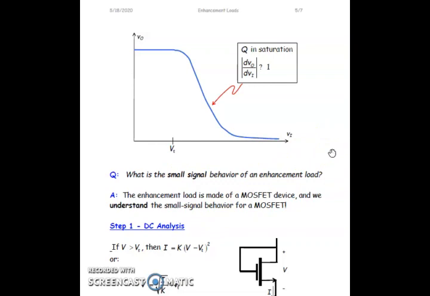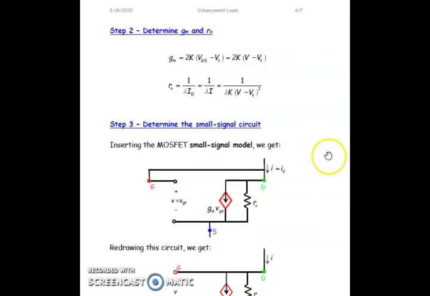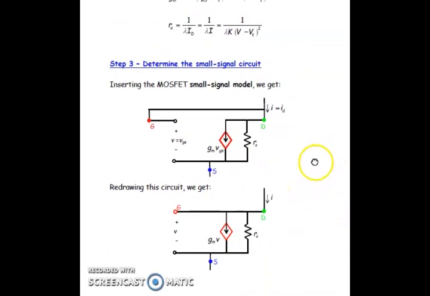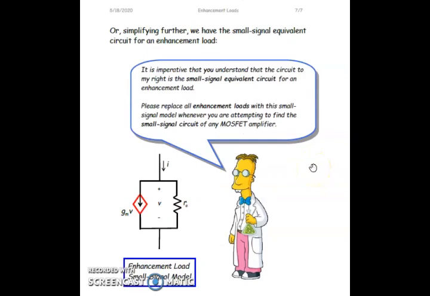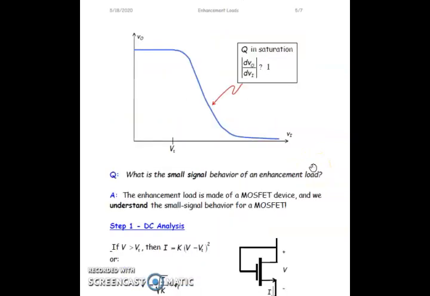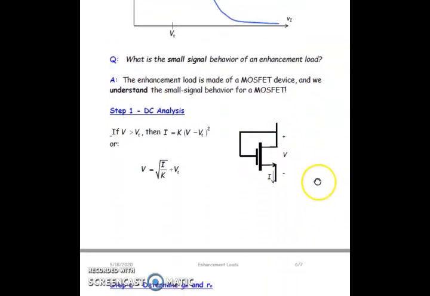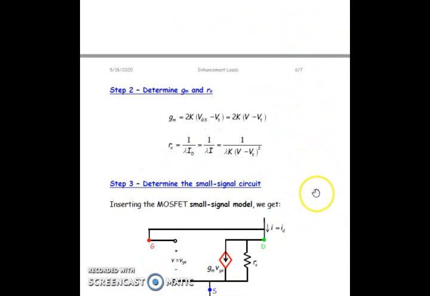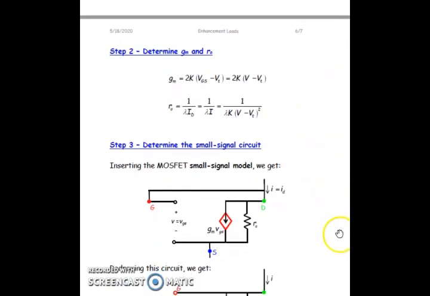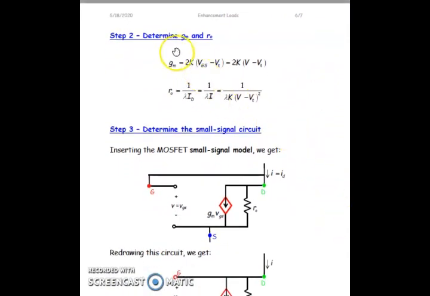To do that, let's get into this structure over here. So here I have the load which is being connected in this fashion. I need to determine gm and r0 first.